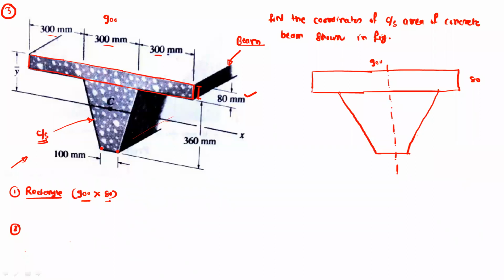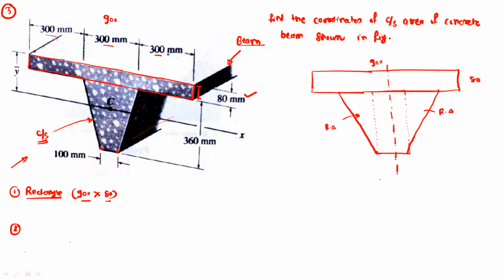So this trapezoid we can divide into two geometries. First, draw this perpendicular. So this will be a right angle triangle. From this point, draw the second perpendicular. This is again a right angle triangle. And we will get one rectangle.